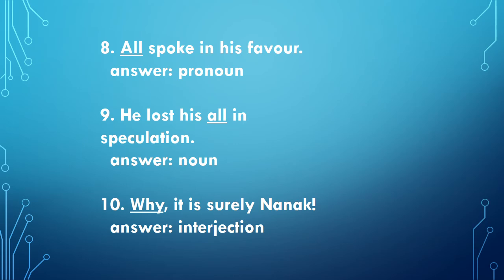And I had clearly stated that there is no such specific list of words which you have to memorize and say whenever you find such a word that yes, this is an interjection. It can be anything. And that's why see here. Here why is an interjection? Because in this sentence, why has been used to express sudden emotion.